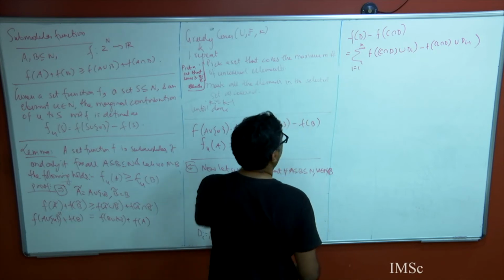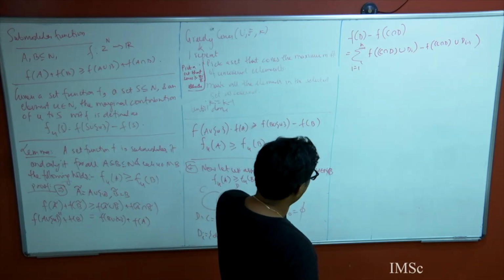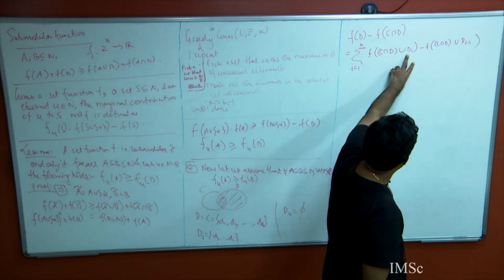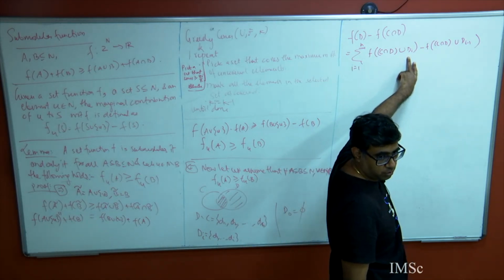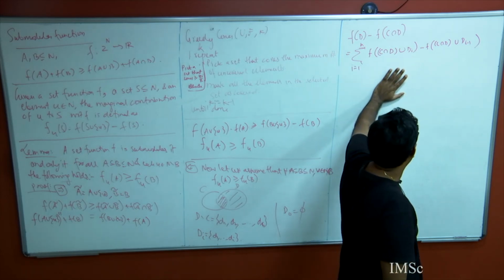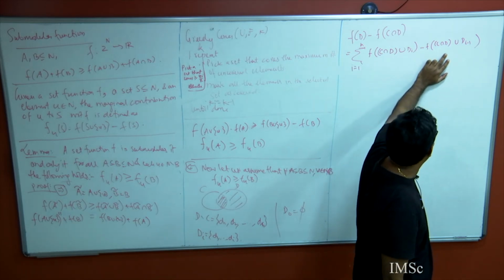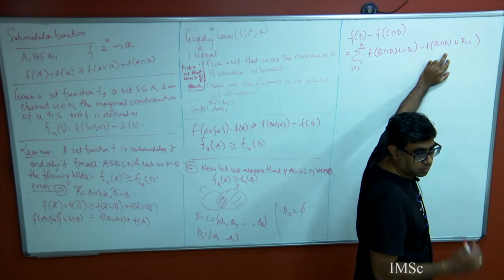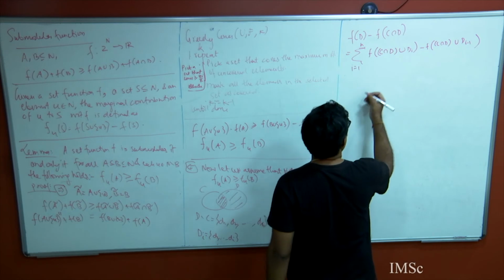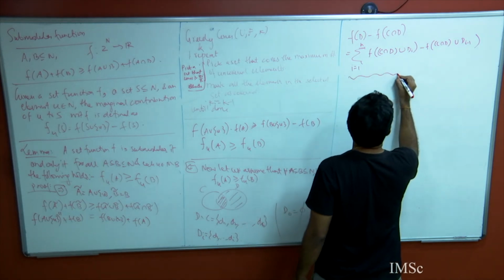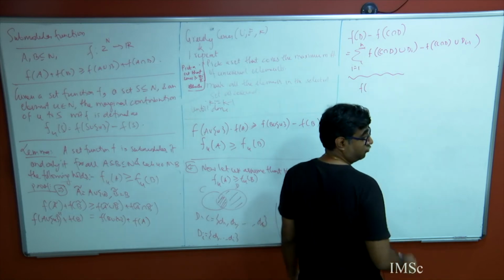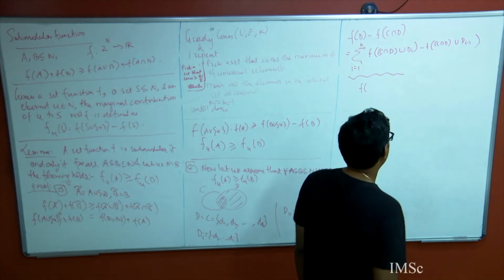Okay, so what is happening here? For I equal to 1, what am I adding? D1, and I am subtracting what? D0. So if you write it down clearly, this is basically a telescopic sum, right?